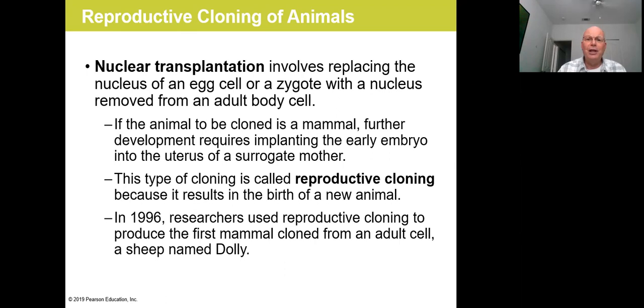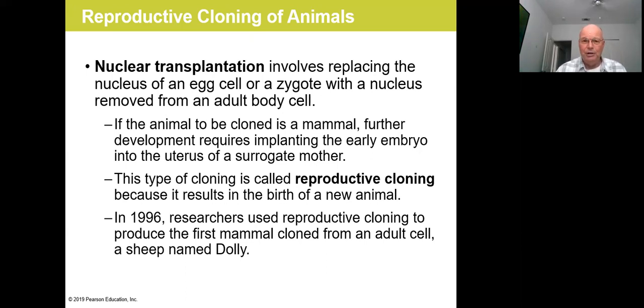In terms of cloning animals, however, the most common way in which animals are now cloned, if animals are cloned, and there's a lot of ifs involved in that, is through a type of cloning called reproductive cloning.